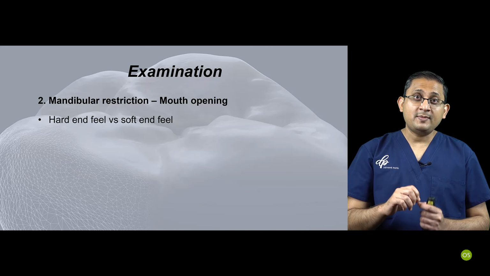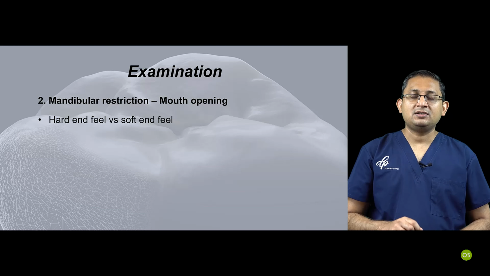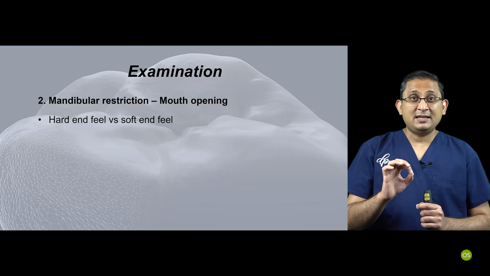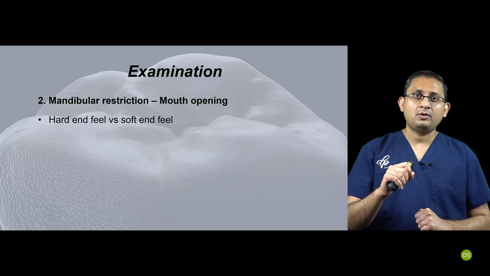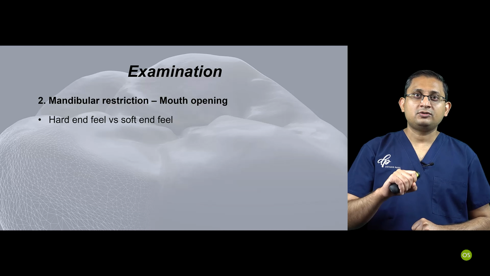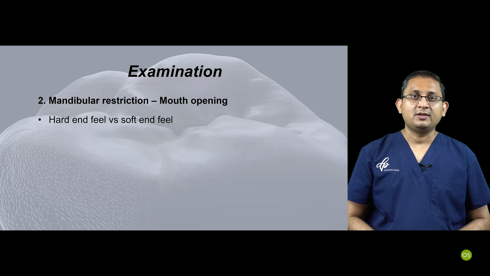If you manage to move the jaw a little bit and you feel it's a little bit softish, or it gives a little bit, that's called soft end feel. However, if you try and move the jaw apart and it's just rock solid, then it's called hard end feel, which means you cannot move the jaw at all.